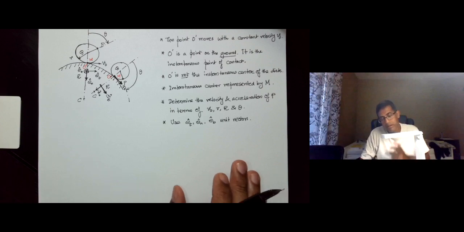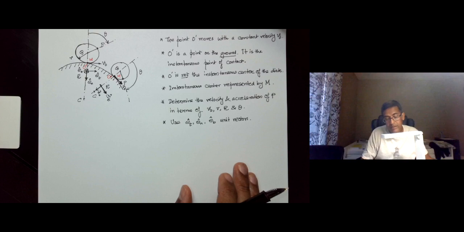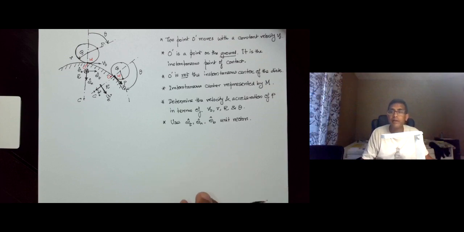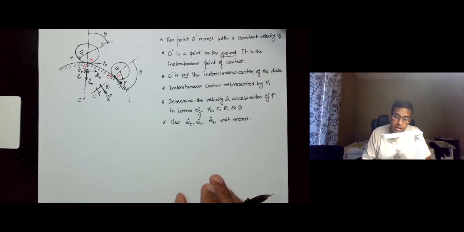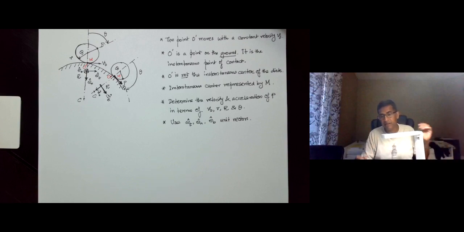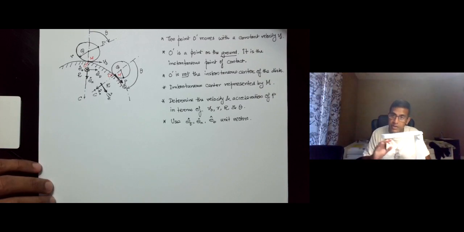So there are multiple ways to solve this problem. Again, this is a problem which relies on our understanding of the three-term relative velocity equation, which is the relative velocity equation in a moving or rotating frame, and it also uses the five-term acceleration equation, which uses relative accelerations between 2 points, and the five-term acceleration is an expression in a rotating frame.